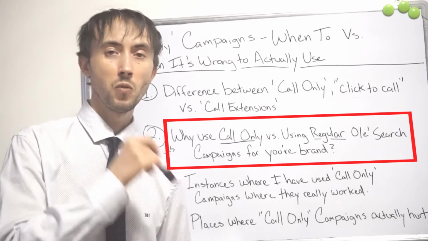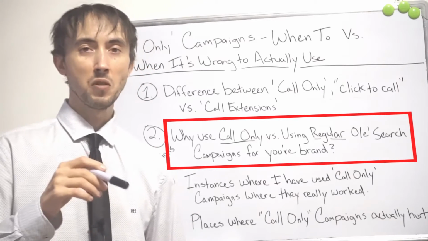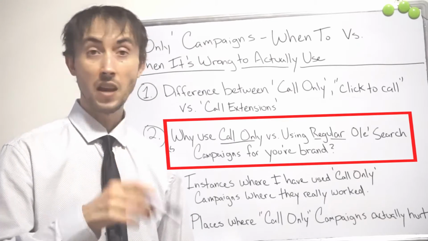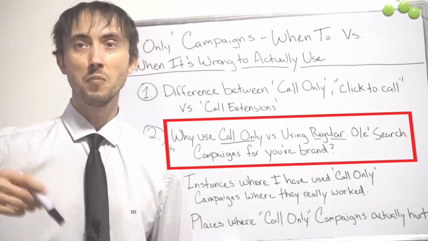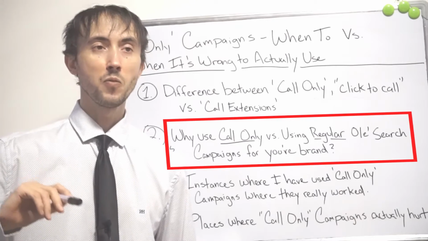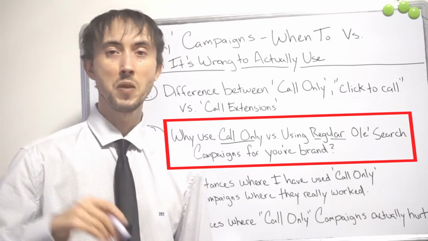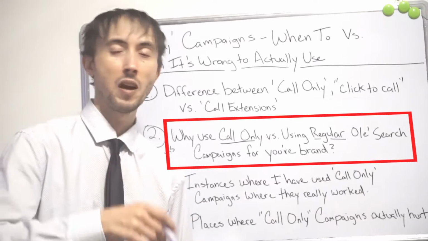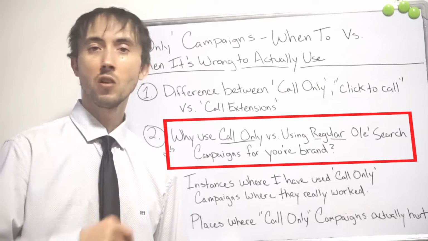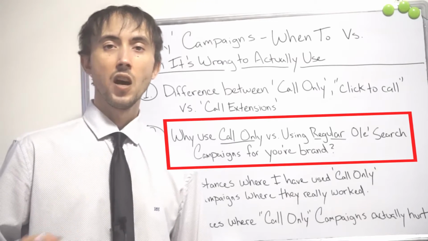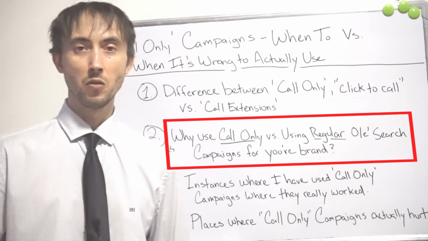If you're in a market where it's debatable, is the information on your website a make or break? If it's going to break you, if more than 10% of people are going to want to see your website as a prerequisite to decide if they're going to call you or not, then you don't use call-only campaigns. You use regular campaigns, but if on the flip side, you can use call-only.